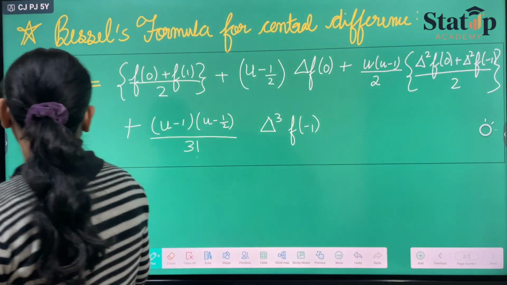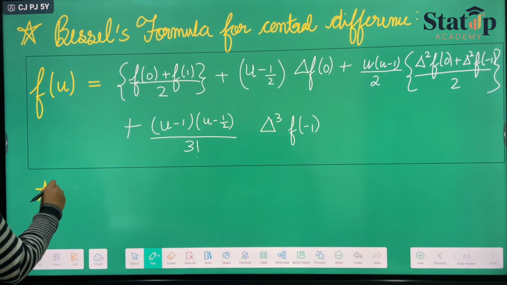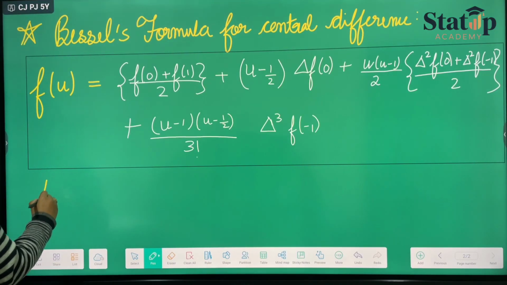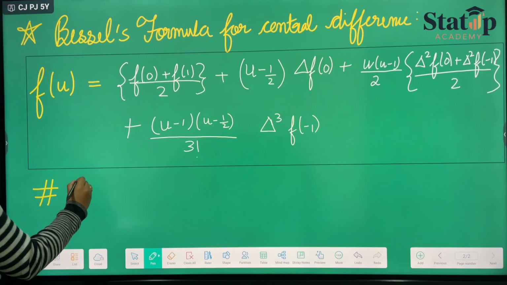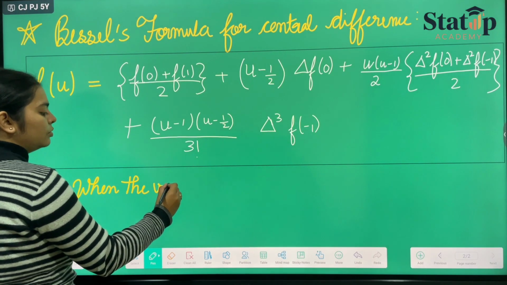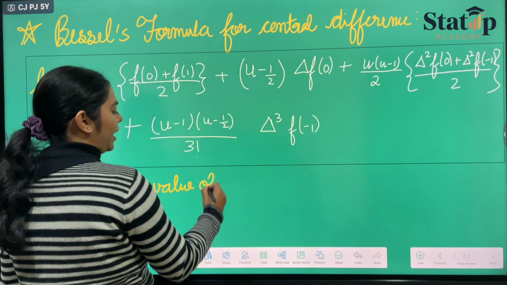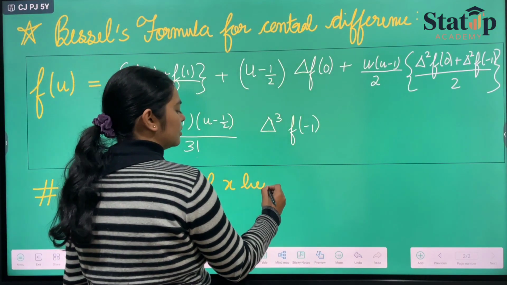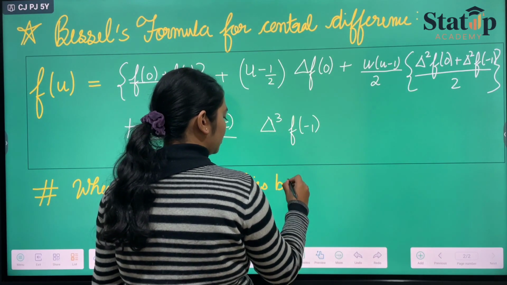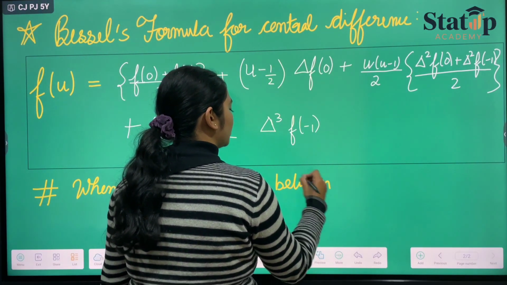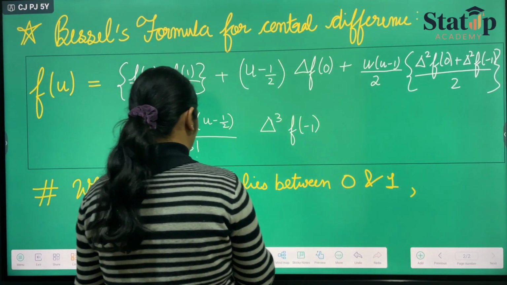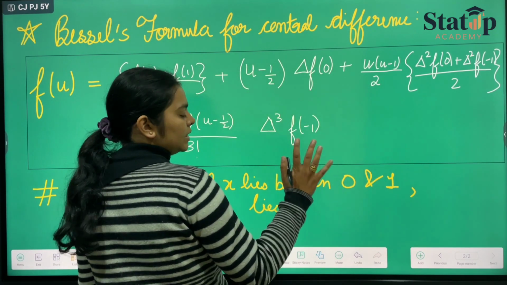Now the second thing that you should keep in mind for Bessel's formula is when it is applied. It is applied when the value of x lies between 0 and 1.